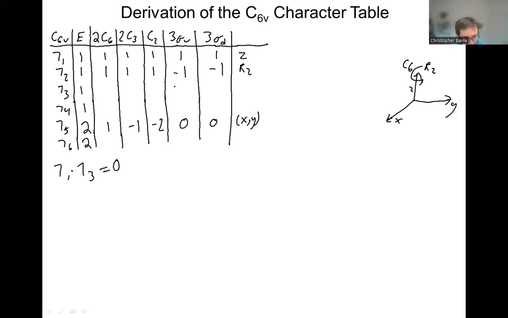I want to go over why gamma 2 very quickly. You can see why it's going to be orthogonal to gamma 1. Gamma 1 is all ones, and then we have to normalize it for the number of operations in each class. So really we're dotting gamma 2 with the top number of operations in each class. We have 2 negative 1s here, that gives us a negative 6 overall.